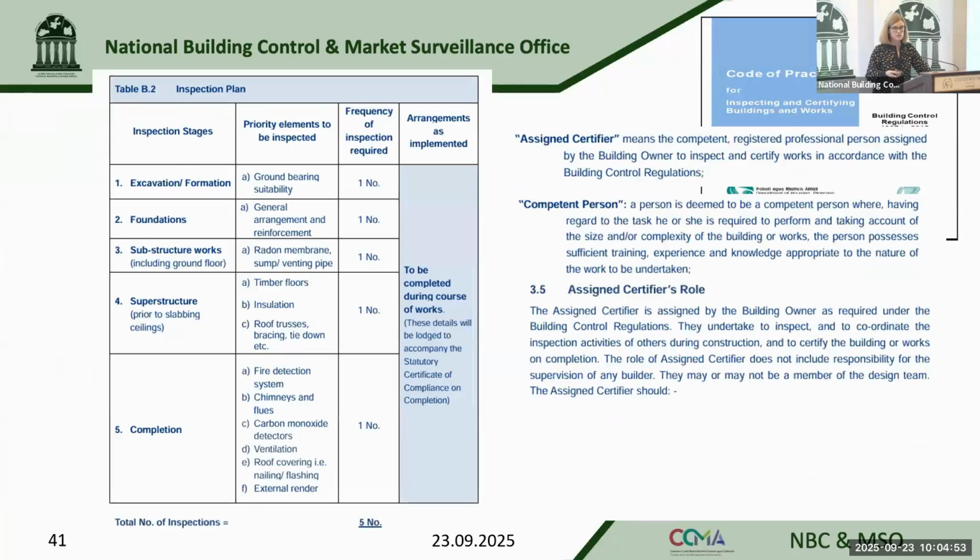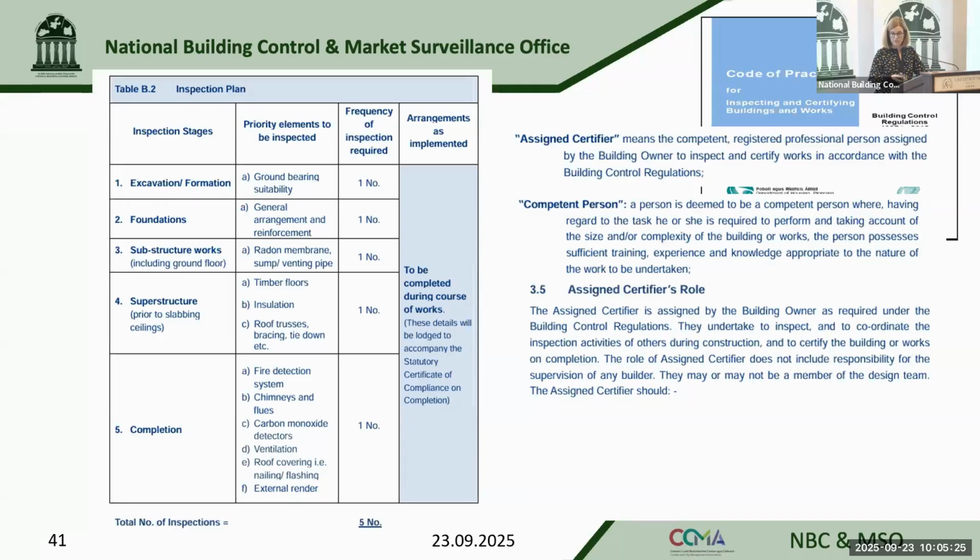The inspection plan, which is prepared by the assigned certifier, again must be appropriate to the nature of the building or works. There's examples in the Code of Practice, and here, as I said, we have the definitions of the assigned certifier and competent person. So the assigned certifier is a competent registered professional assigned by the building owner to inspect and certify the works in accordance with the building control regulations.